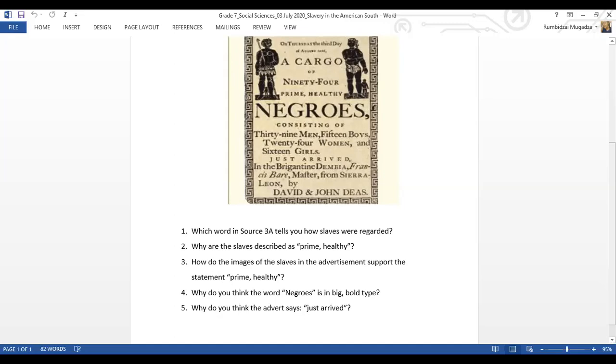You refer to that source, that picture. That picture is an advertisement showing when the slaves will be sold, will be auctioned. So they were advertising that.